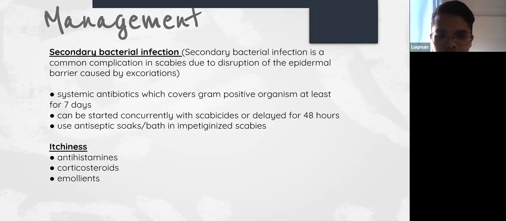It can be started concurrently with the scabicide or delayed for 48 hours. Use antiseptic soap baths in pyodermatized scabies, which is scabies with impetigo due to secondary bacterial infection. For the itchiness, you can use antihistamine, corticosteroid, and emollients.